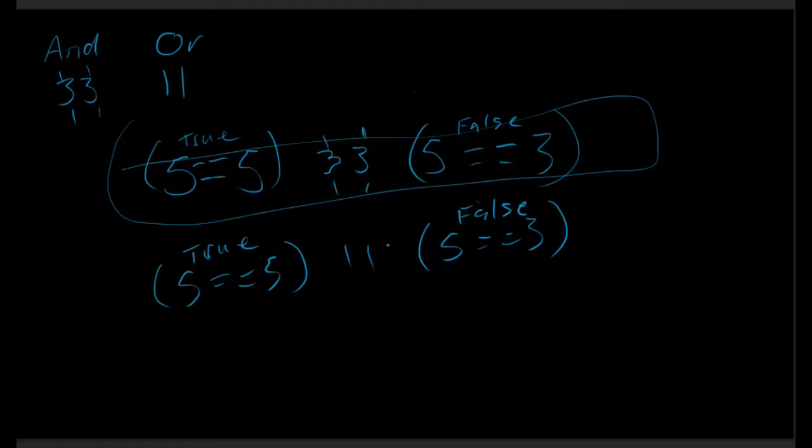We want this to be true or this to be true. We don't care if both are true. Although if both are false, then the whole thing is false. But in order for it to evaluate to true, one of these has to be true, or both. Both could be true, because still one of them is true.